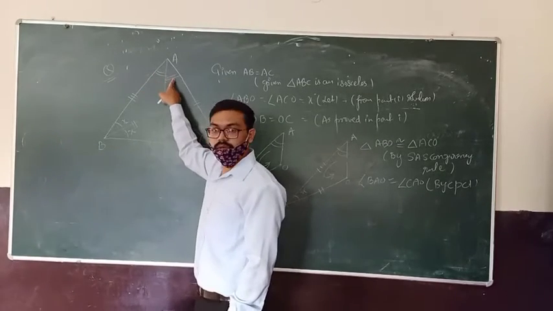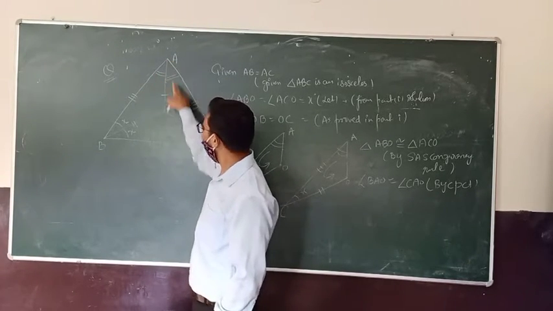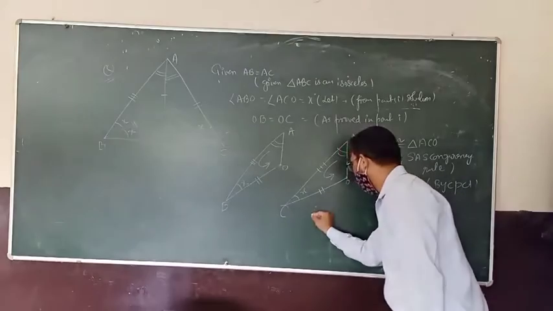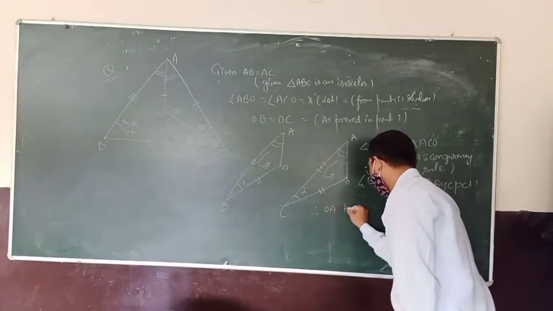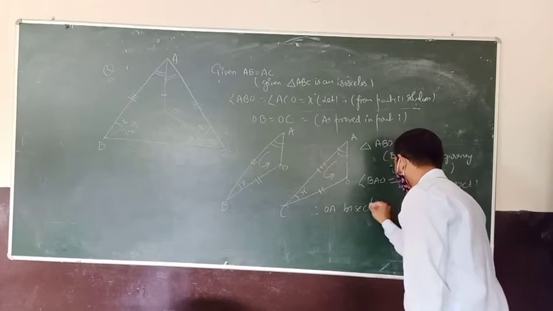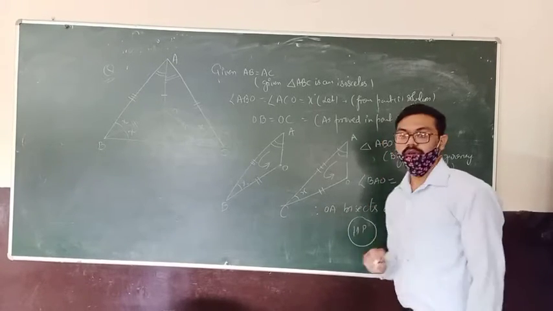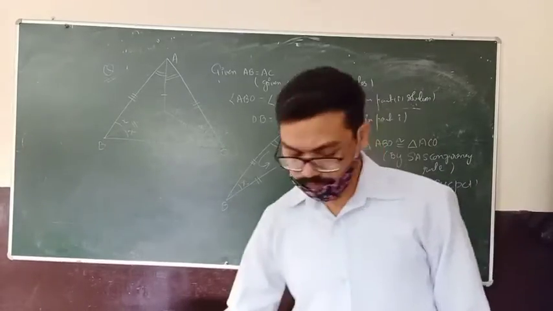If these two angles are equal, that means you can say side OA bisects this angle. So I can write, therefore OA bisects angle A, hence proved. Any doubt? No sir.